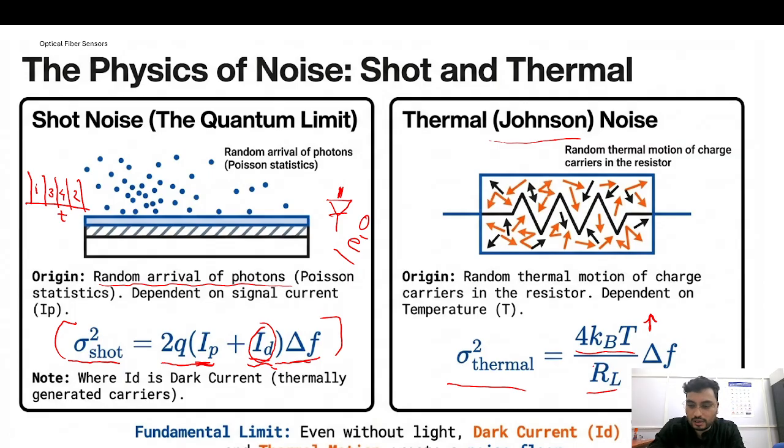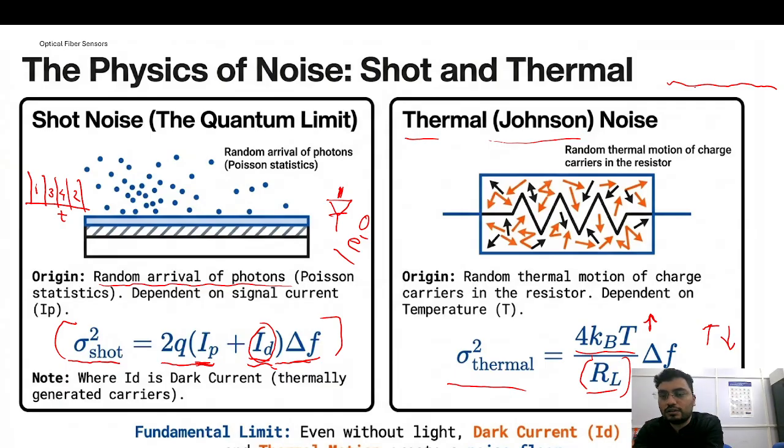It can also be reduced by using a low resistance in the circuit, and if you reduce the temperature, the thermal noise will also be reduced. At room temperature, with a standard line, somewhere here the thermal saturation will be there.